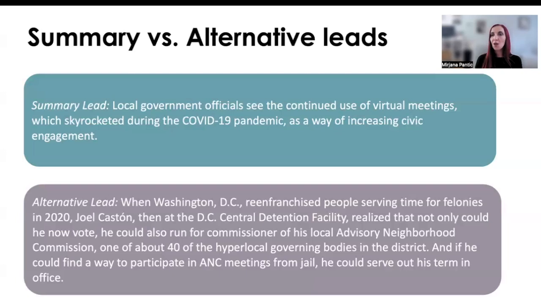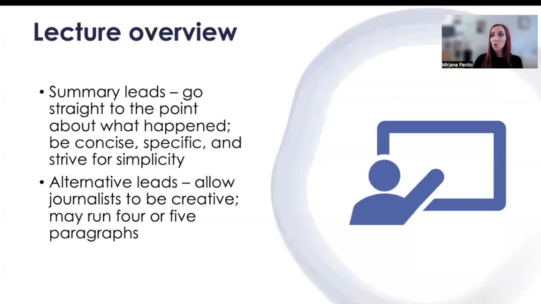in office. So you're likely to see both these leads in news stories online or in newspapers, but I think that summary leads are usually more difficult to write because they press you to be so concise and tell everything right away, which at the beginning, as you start your journalism career, is going to be difficult.